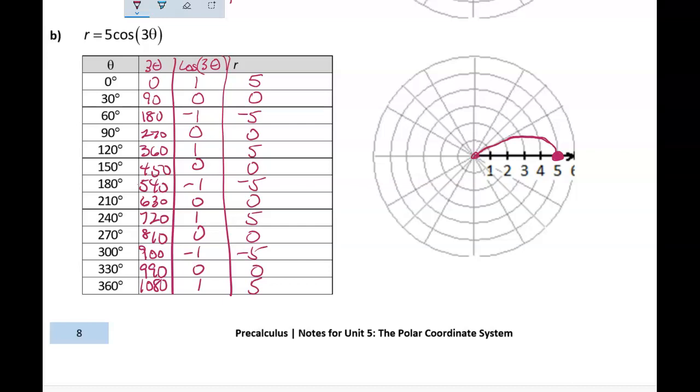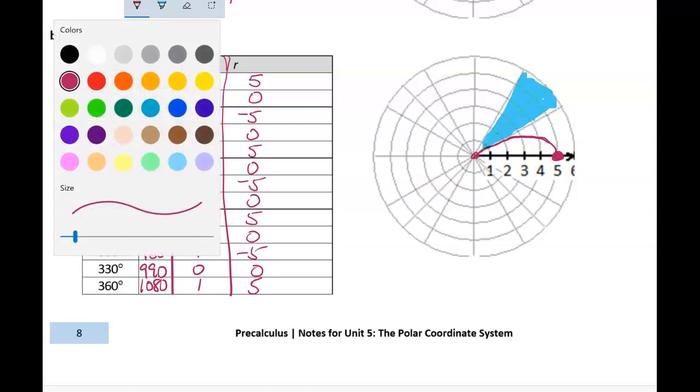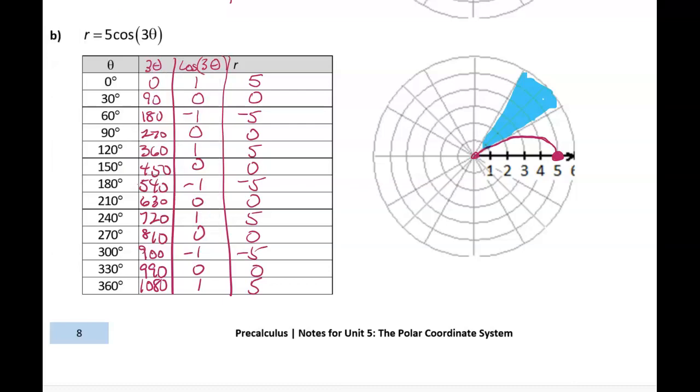Now there's the 30 to 60 degree wedge. Well, 30 to 60 degrees is this wedge that I'm highlighting in blue right here. In between 30 and 60, though, the radius is negative. Actually, if you think about it, between 30 and 90, the radius is negative.